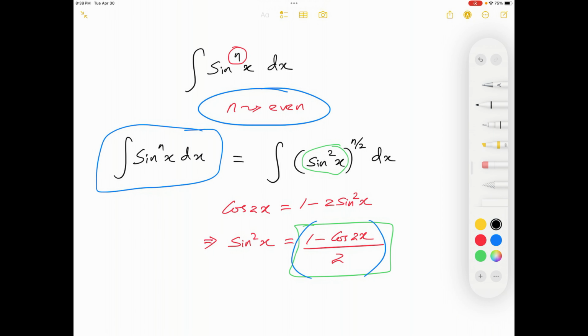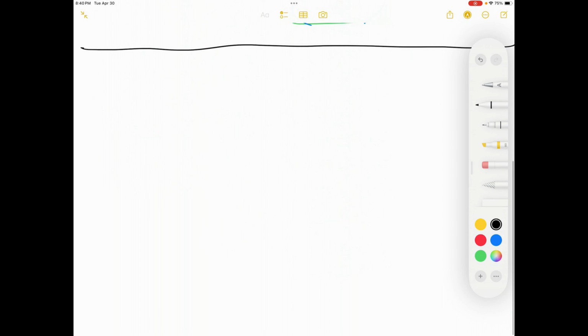Alright, now we will directly go into an example. Let's say we need to integrate sine 6th power x dx. Since this power 6 is an even integer, we can write it as the integral of sine squared x, all that raised to the 3rd power dx.